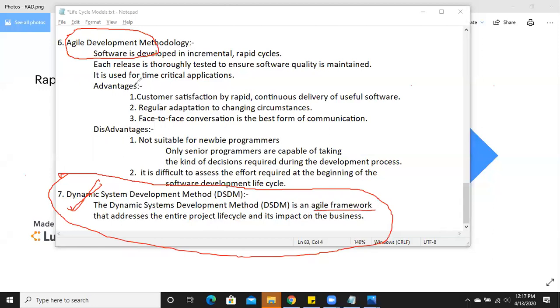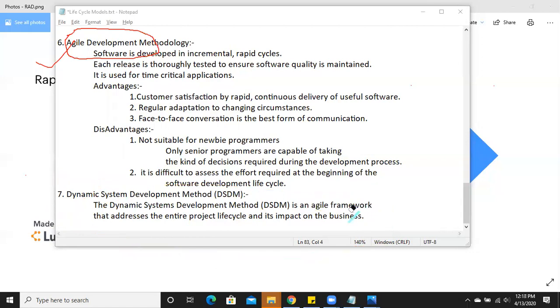Okay, so if you get to know about agile development, you will easily understand this one. So this is your homework. You have to study this by yourself, the dynamic system development model. You can consider this as your homework, right?